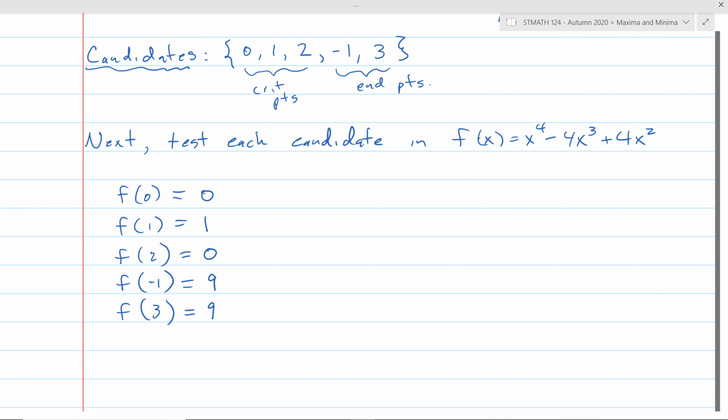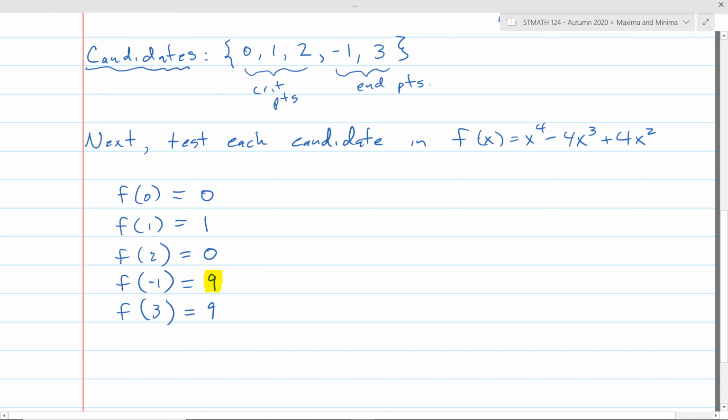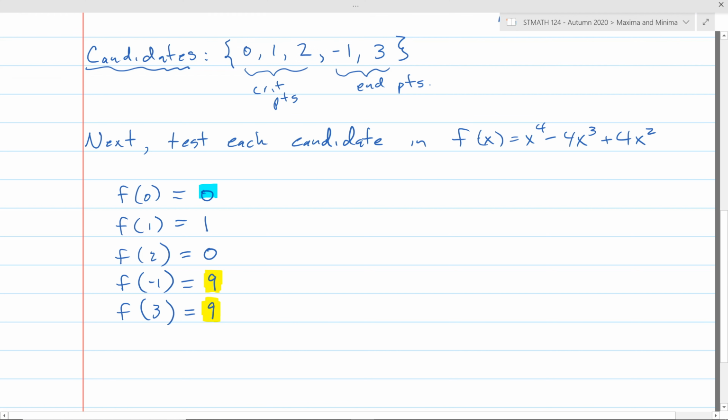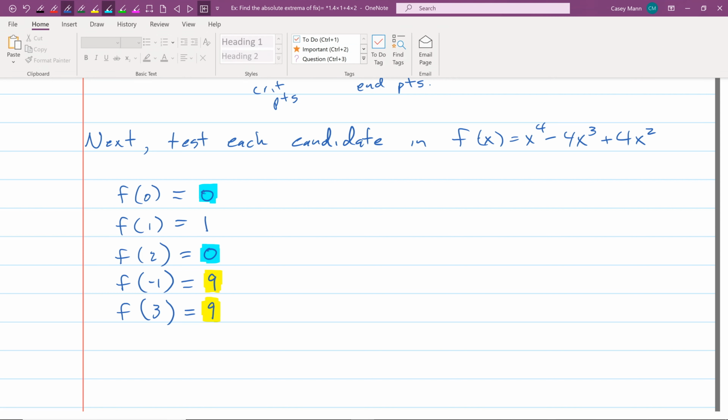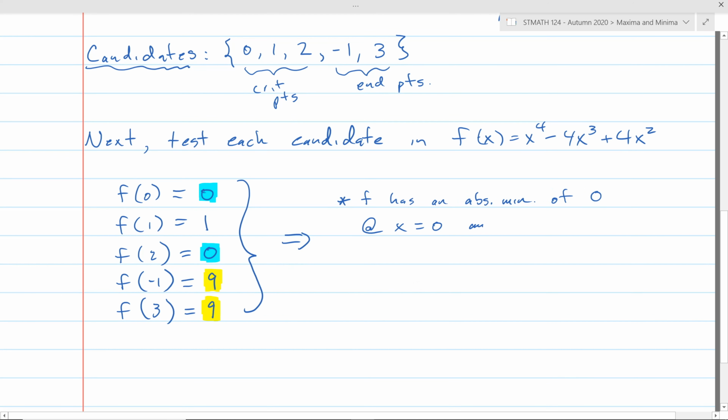What's the biggest value that you see? That's your maximum. Well, I see that you get a maximum value of 9, and it occurs at two different x values. And I also see that the smallest value of 0 occurs at two different x values. So from what I see here, this tells me that f has an absolute minimum of 0 at x equals 0 and x equals 2.